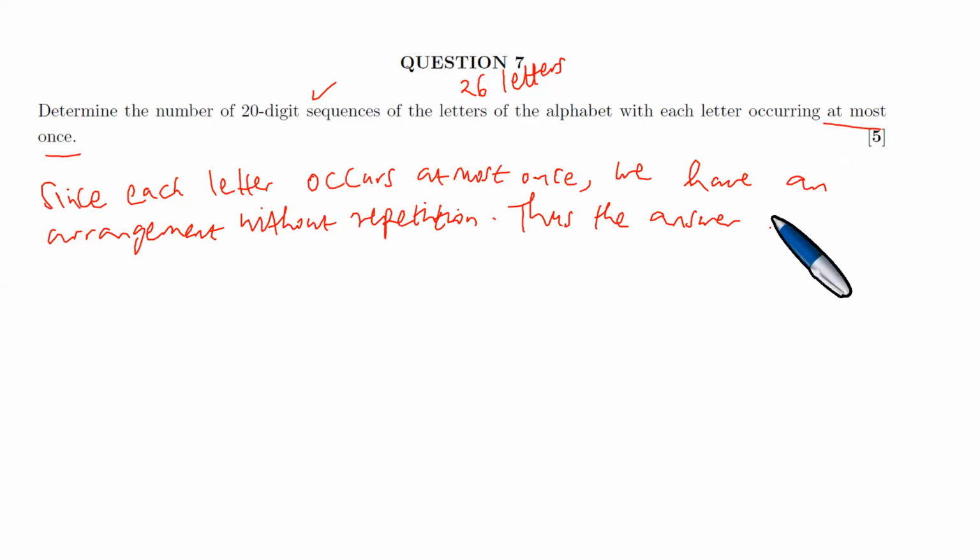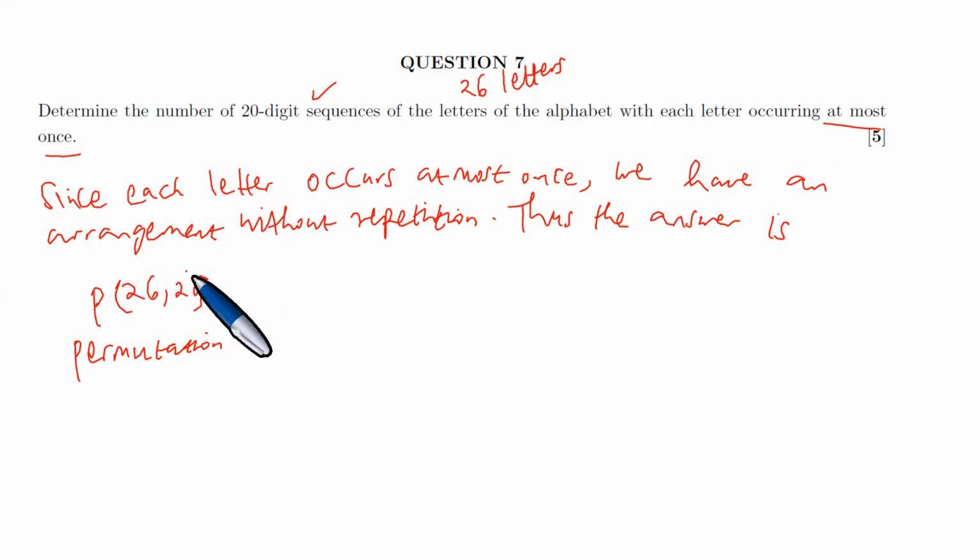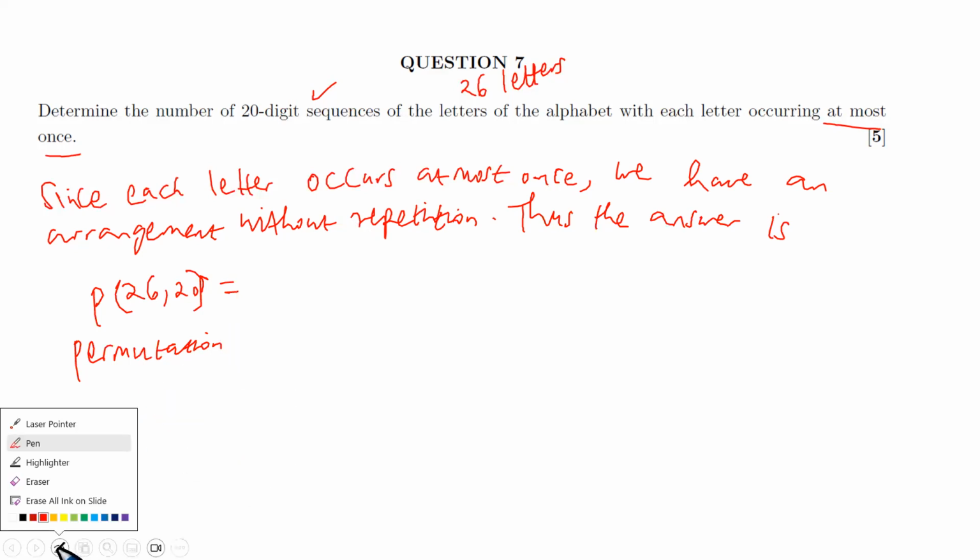Since each letter occurs at most once, so either it occurs once or it does not occur at all. So the answer is that it is the permutation. We're looking at the permutation of 26 letters taking 20 at a time, because we're looking at the 20-digit sequences.